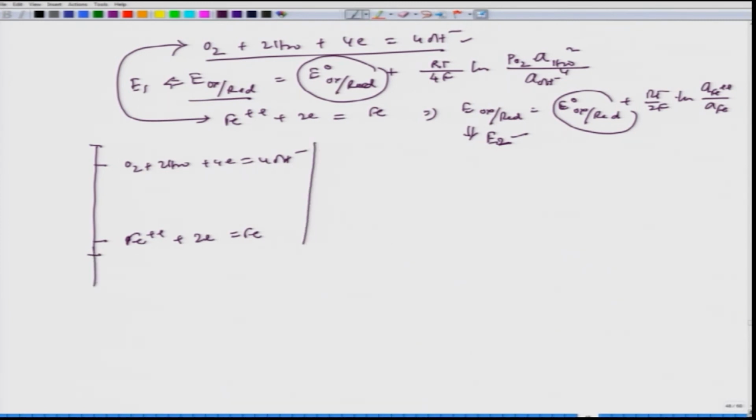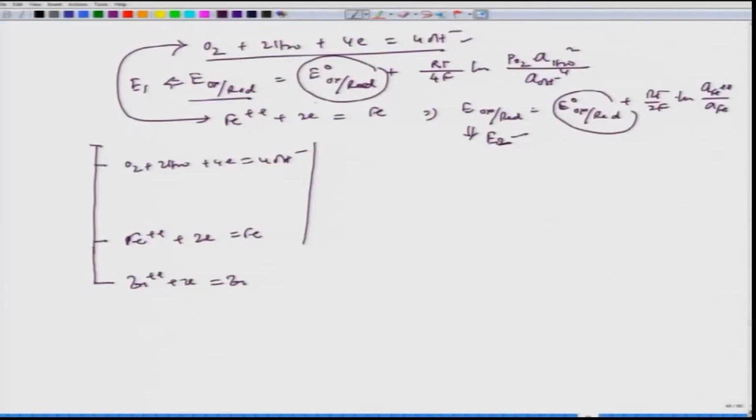Now, we can have a position of zinc also, zinc here. There also we can have a position. We are not mentioning the potential. We will see the galvanic series in our next lecture, and there we will discuss more on that.